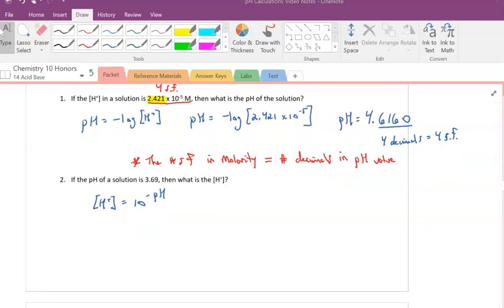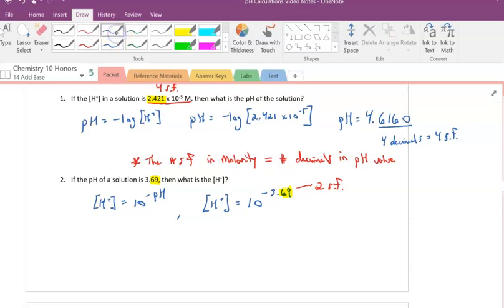Okay, so I'm going to plug in H plus equals 10 to the negative 3.69 power. Now, if I want to know how many significant figures that digit has, I'm only looking at the number of decimals. Because it has 2 decimals, that tells me that this number has 2 significant figures. It's a log-based number, so I'm only looking at the decimals.